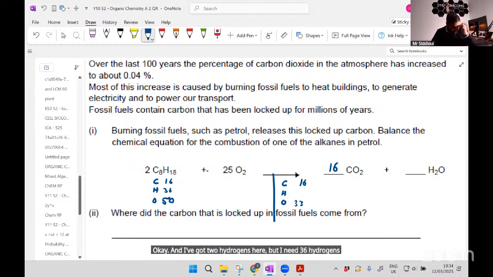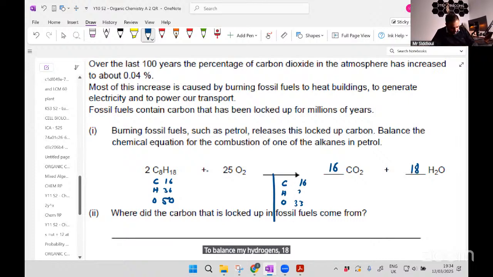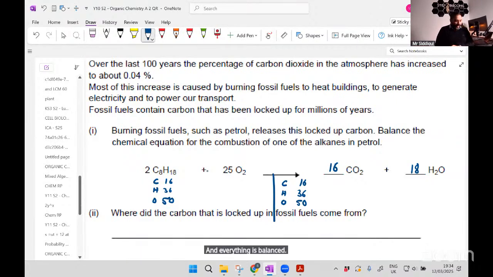So what I'm going to do is put an 18 here to balance my hydrogens. 18 times 2 is 36. So I've now got 36 hydrogens there. And also I've got 18 oxygens plus these 32 oxygens, which has magically made my oxygens 50 as well. And everything is balanced.